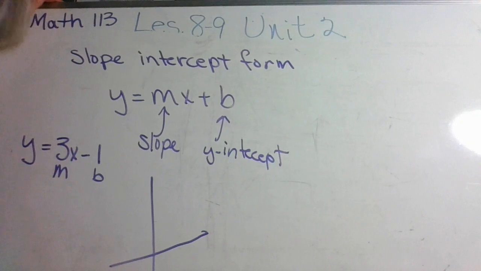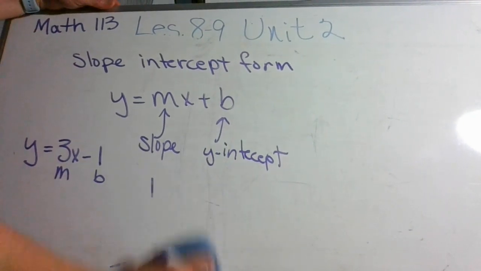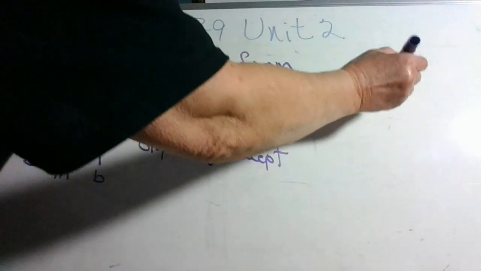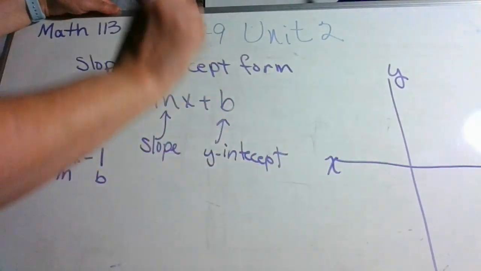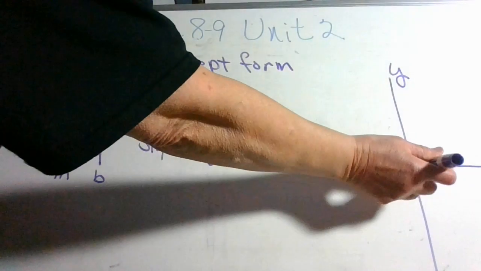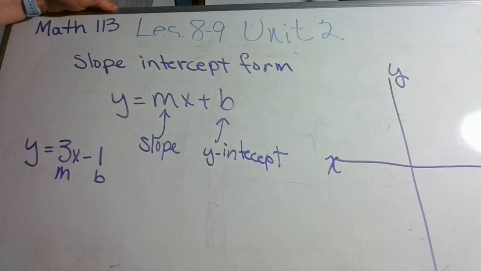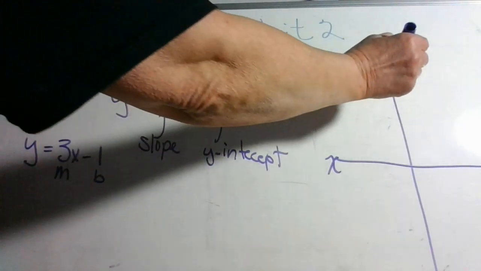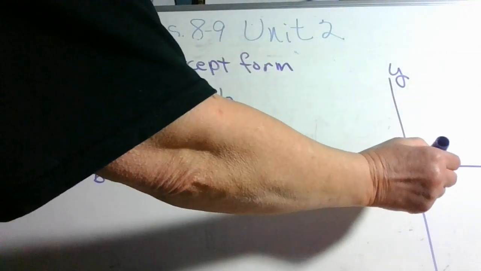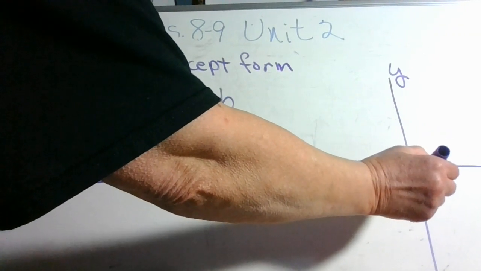Excuse me, I want to make sure all the graph's on there, and it's not. So let's move it over here. I have my graph here. This is Y, this is X. It'll always be the same, and this will always be where you start. It's right there in the middle. So B is -1. That means it's going to cross the y-axis at one spot below the origin.